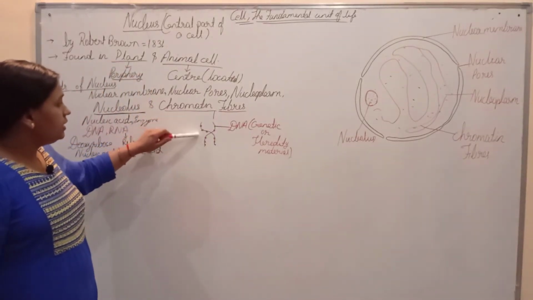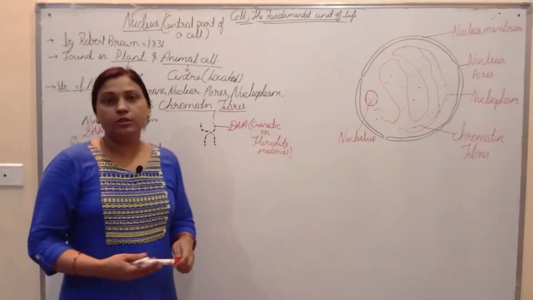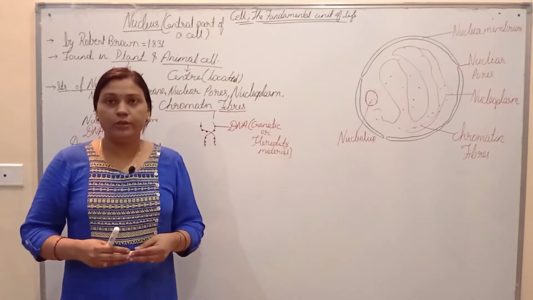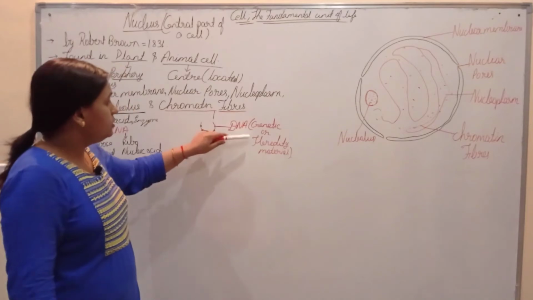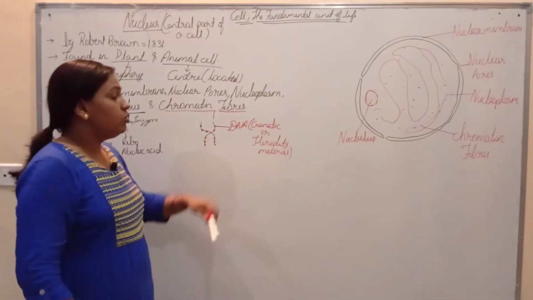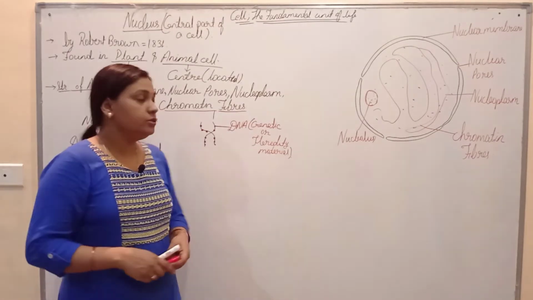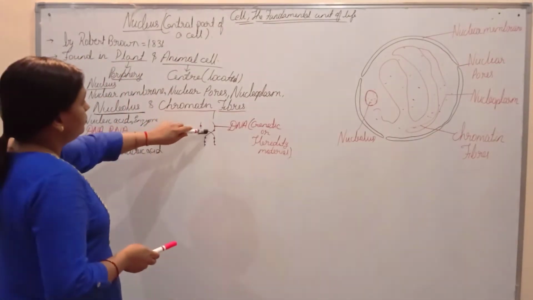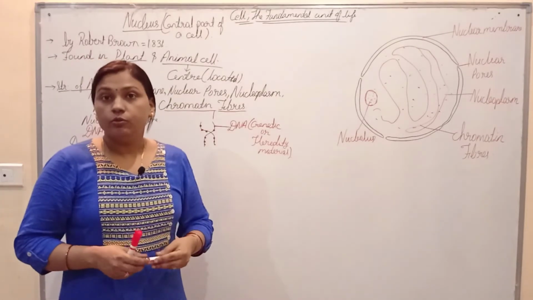Only this DNA is responsible for the inheritance of characters from parents to their offspring. So this is called hereditary material and also genetic material, because of the presence of DNA on the chromosomes.